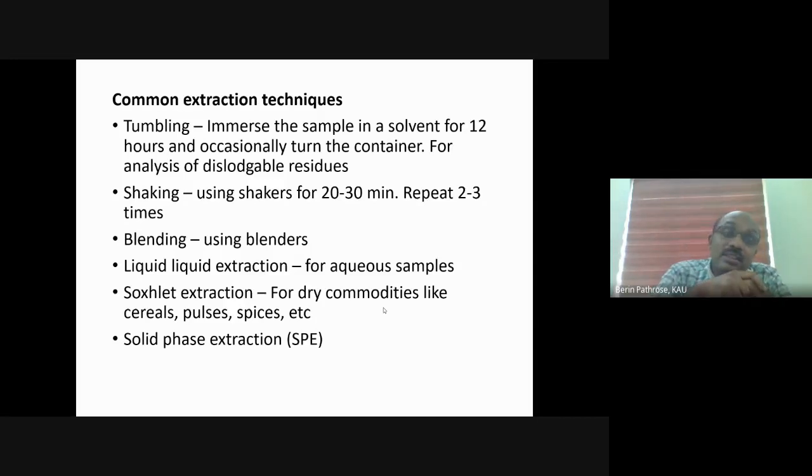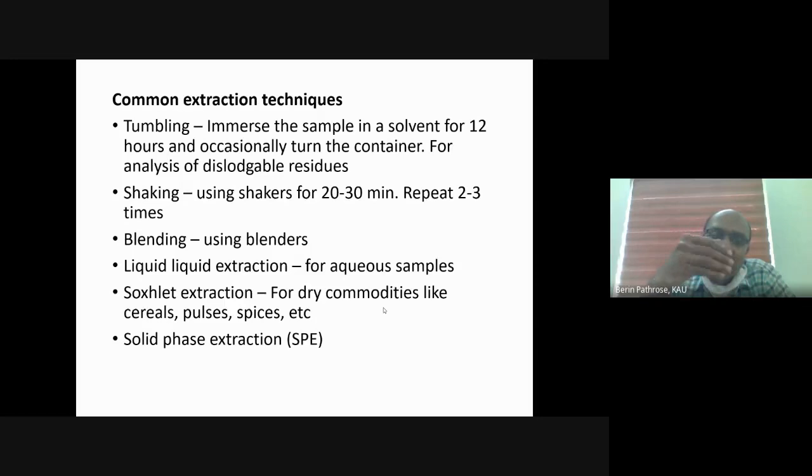And the next method is the shaking method. You might have seen laboratory shakers. Here we will take the sample, add the solvent, and keep the container containing sample and solvent in a shaker for 20 to 30 minutes. So the solvent will be mixed thoroughly with the sample and the pesticide will be extracted into the solvent.